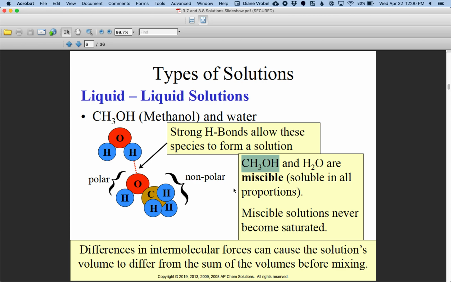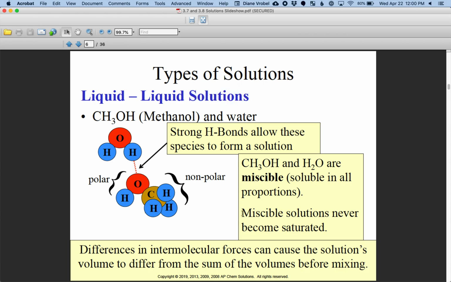So if you were to combine the two together, you would actually get a solution because the water is attracted to the OH bond that is on the end of the molecule.